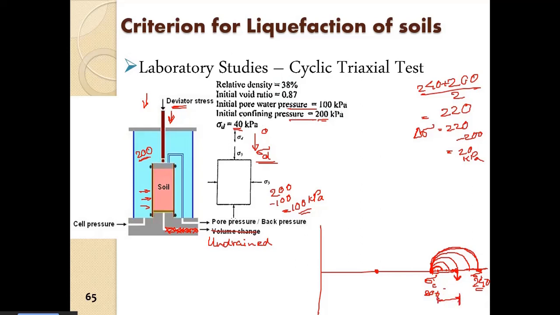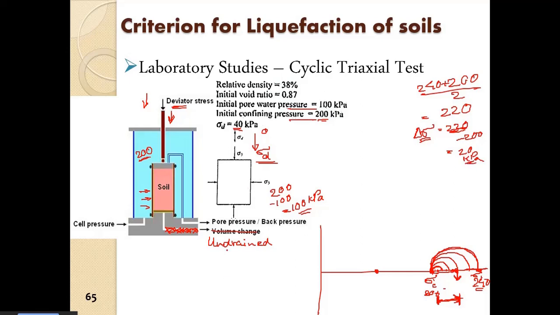So mean stress will move from the cell pressure which was applied, which initially was the mean stress. From there the Mohr circle will grow and the mean stress will increase to 220 kPa, so the increment in the mean stress is now 20 kPa.